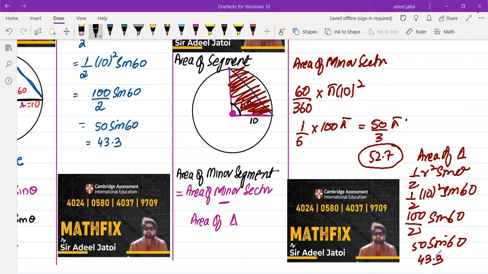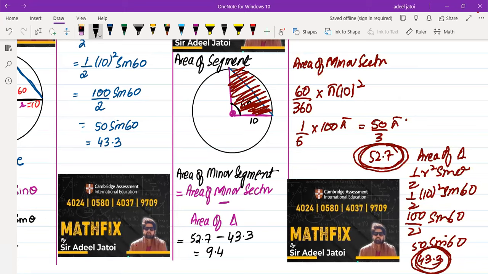This is your minor sector and this is the area of the triangle. So 52.7, the area of the minor sector, minus 43.3, which is 9.4.